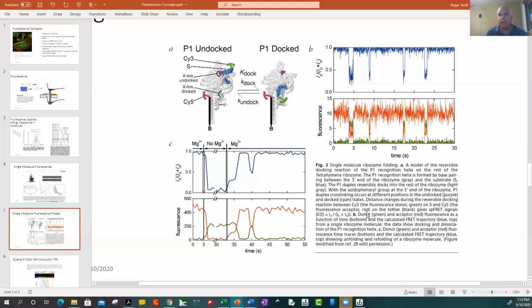And FRET, fluorescence resonance energy transfer, is the same phenomenon that underpins quenching in aggregate pairs. Right? You know how when you take, back to the SMILES article, when you take fluorophores and you pack them together, the fluorescence goes way down. Right?